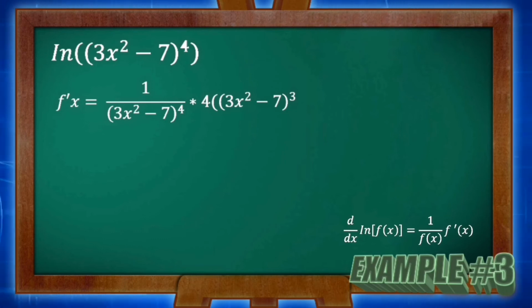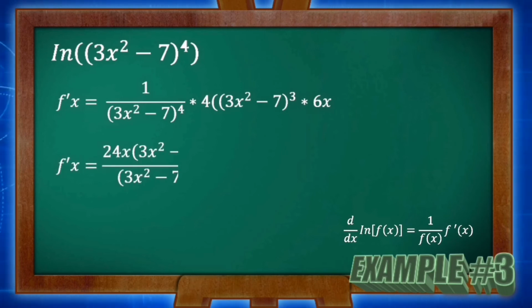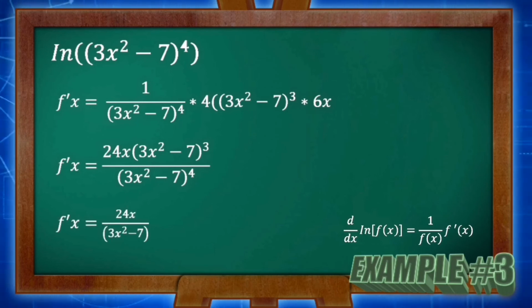So the derivative of 3x squared minus 7 is 6x. Now, we need to multiply the numerator. 1 times 4 times 6x times (3x squared minus 7) raised to 3 will become 24x times (3x squared minus 7) raised to 3 over (3x squared minus 7) raised to 4. By simplifying it, our first derivative answer will be 24x over 3x squared minus 7.